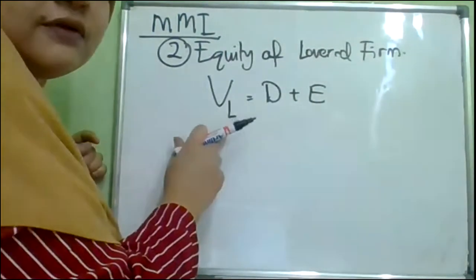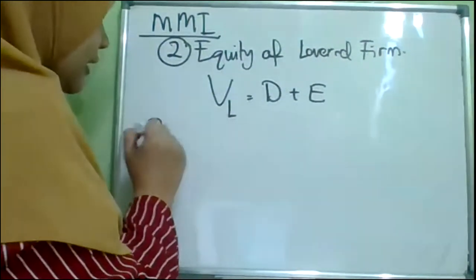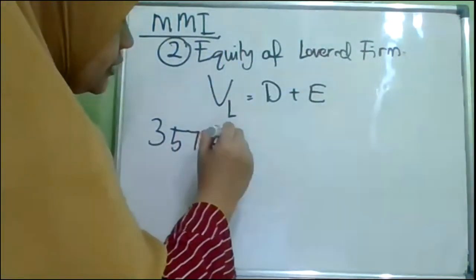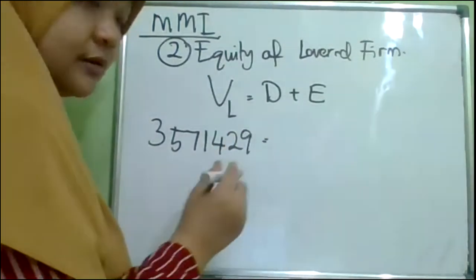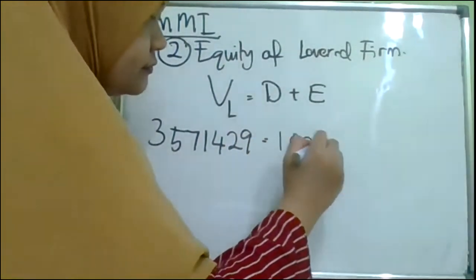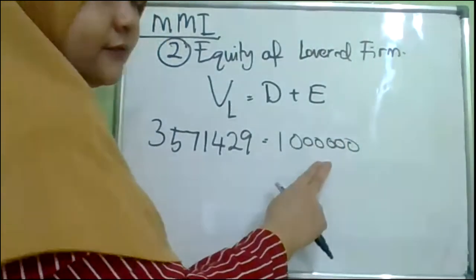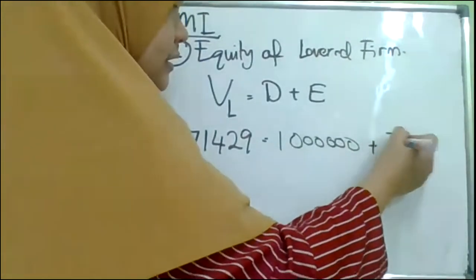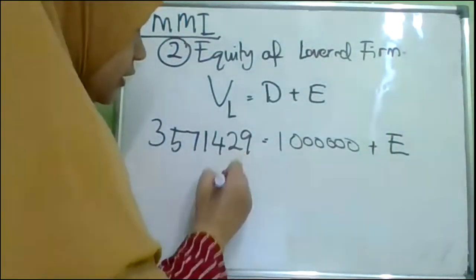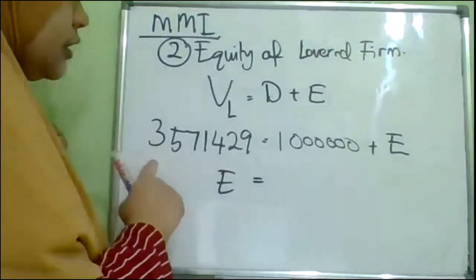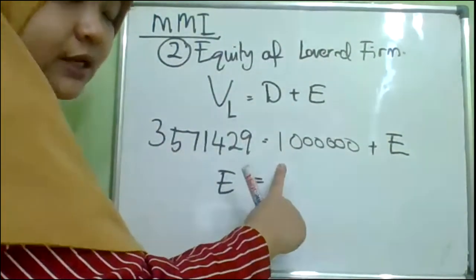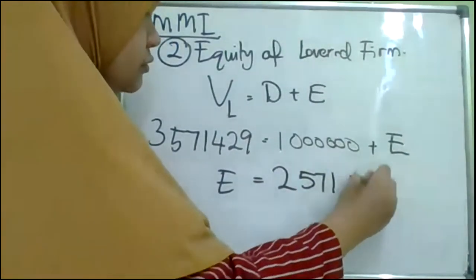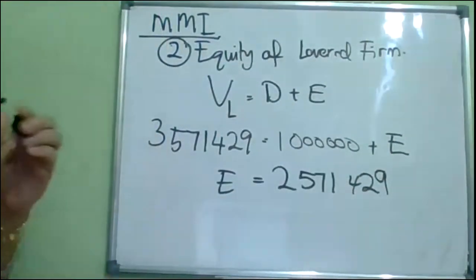Now the value of the levered firm is 3,571,429, equal to debt of 1 million, which is available in the question, plus equity. So equity equal to 3,571,429 minus 1 million, which is 2,571,429.